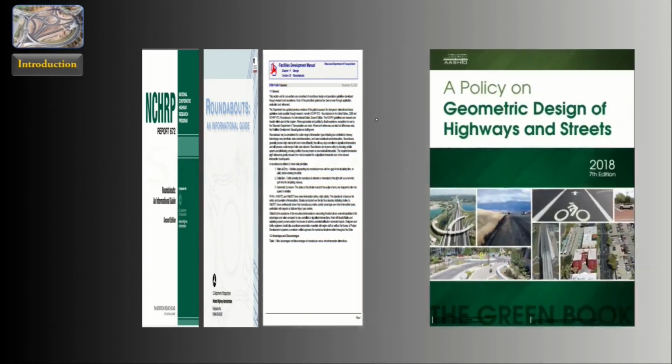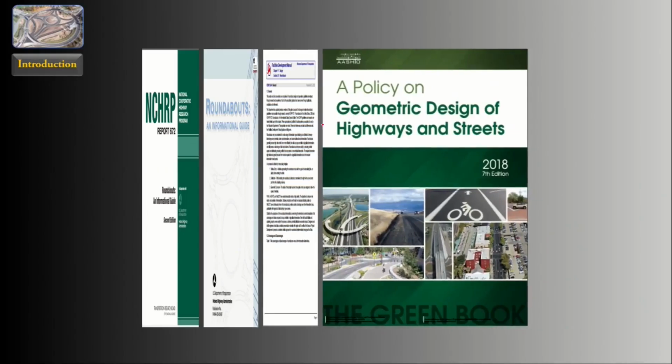And also to see how to determine the needed width for a design vehicle when negotiating a curve, we also use some parts of the Green Book, 7th edition.